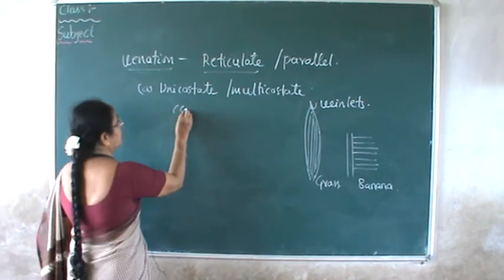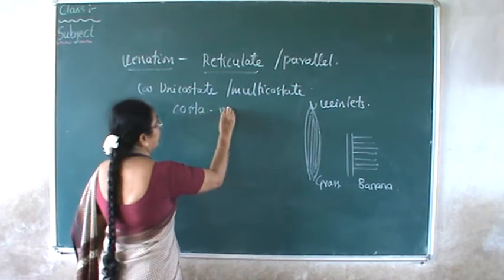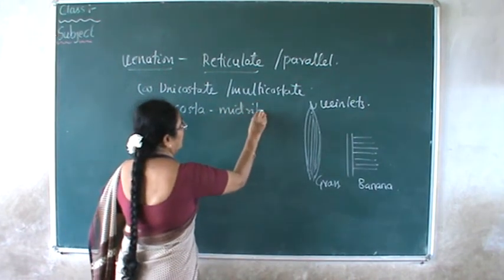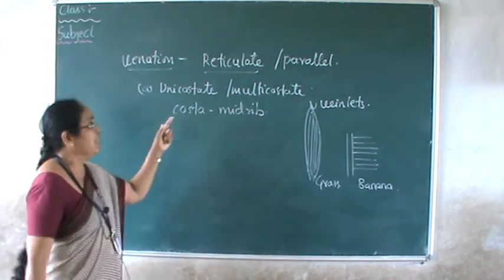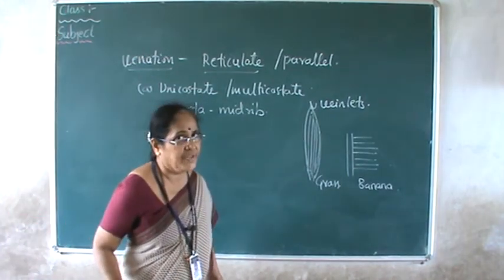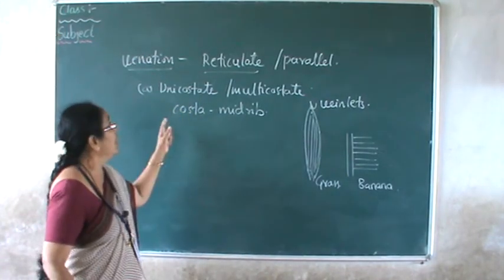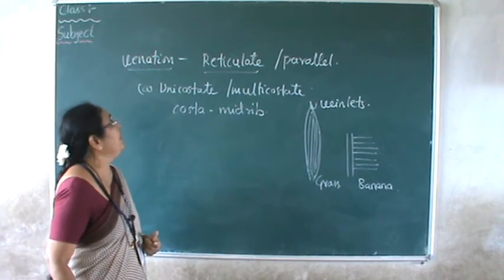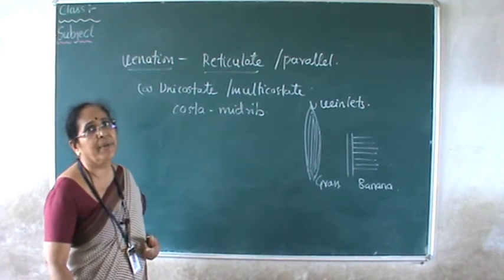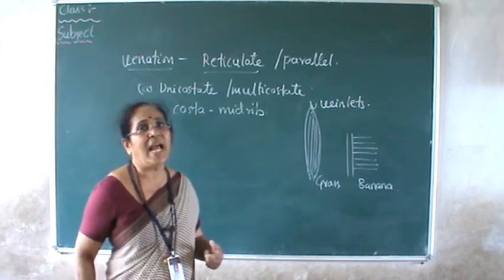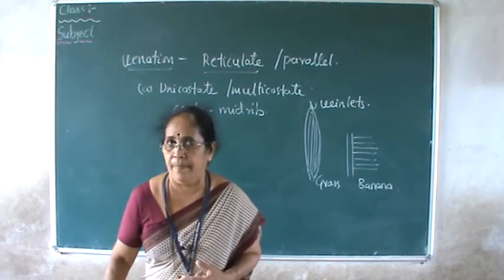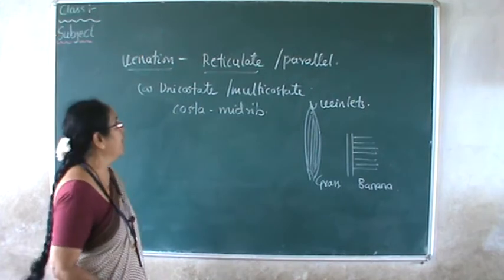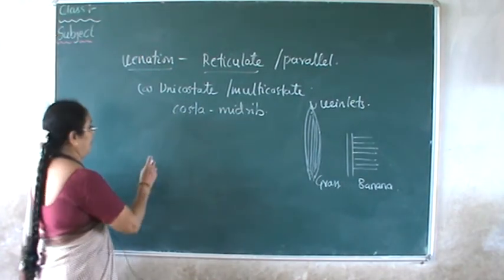Costa refers to the midrib. It depends upon the number of costa, the number of midribs, and accordingly it is described as unicostate or multicostate. There is no bicostate at all. Unicostate reticulate venation means reticulate venation having a single strong midrib.